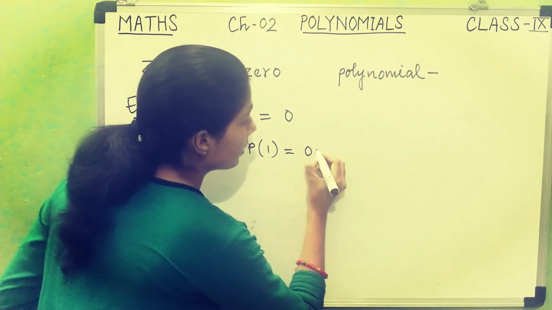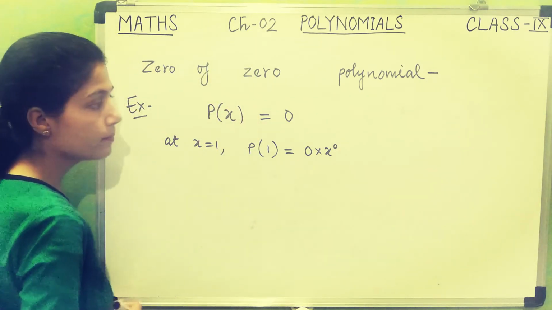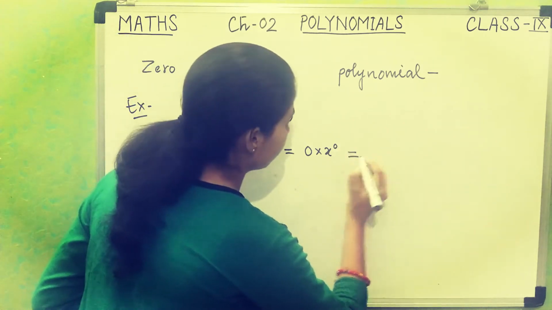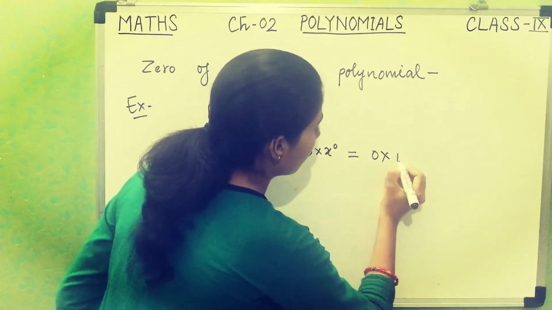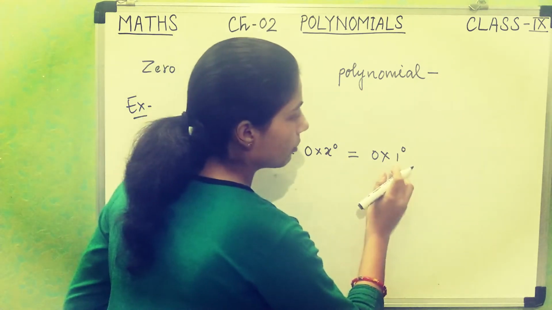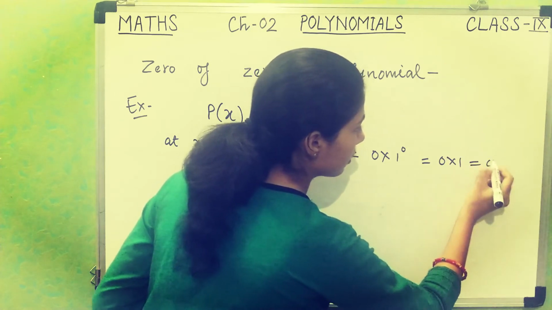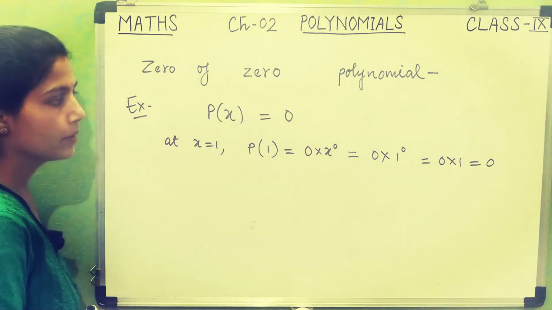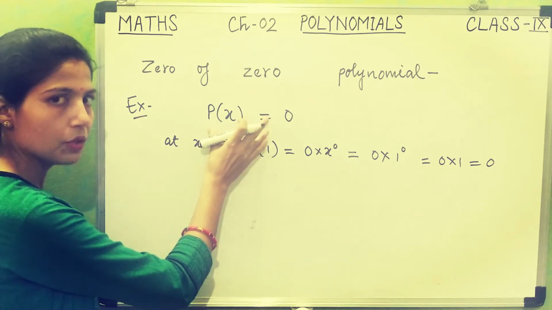If I write 0 into x raised to power 0, then at x equals 1 it is 0 into 1 raised to power 0. 1 raised to power 0 is 1, so 0 into 1 equals 0. It means x equals 1 is a zero of this zero polynomial.